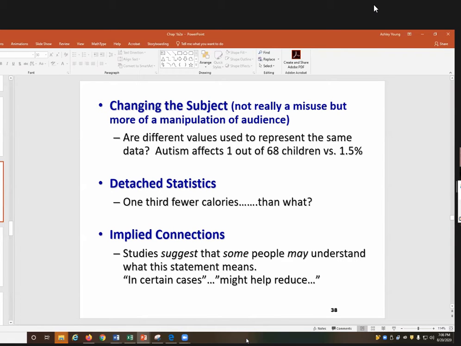Also, another thing that is misleading a little bit is detached statistics. Things say, oh, we have 1/3 fewer calories. Than what? A chocolate cake, right? They don't tell you. Sometimes they do, but if they don't, then it's troublesome. Implied connections. These are all things that you can't hold people to, right? They're slippery.